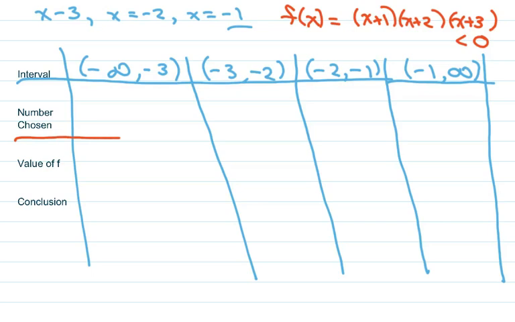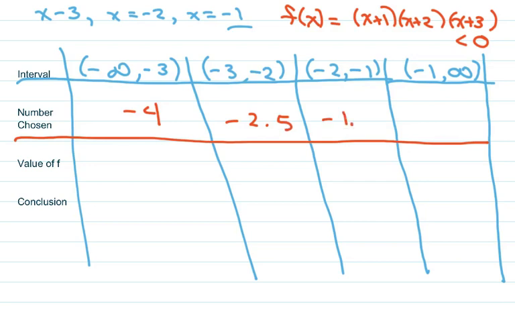So we're going to choose numbers in all these intervals. And the ones I chose were negative 4, negative 2.5, negative 1.5, and 0.